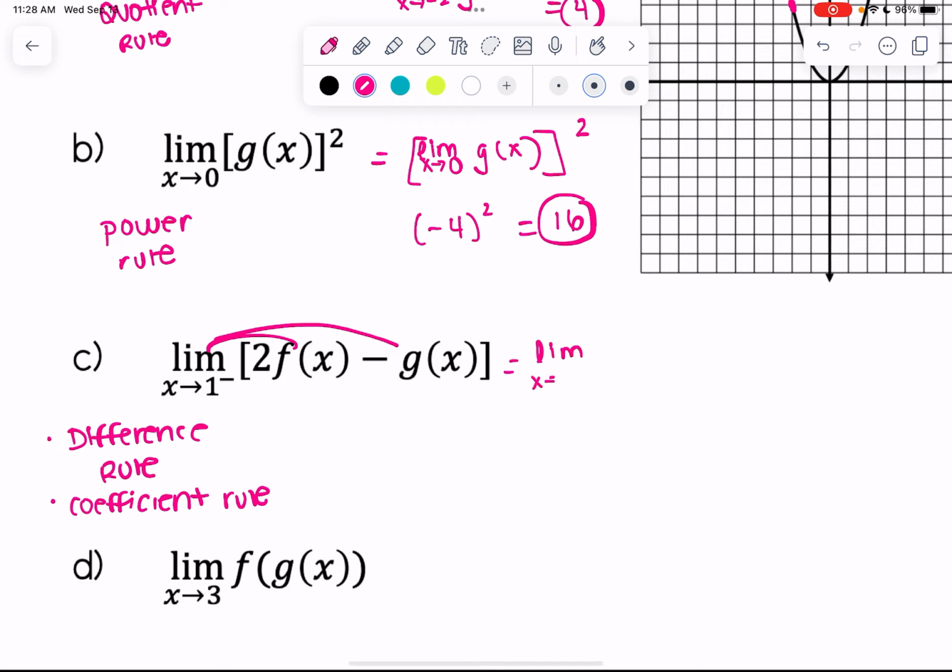So the limit as x approaches 1 from the left of 2 times f of x minus the limit as x approaches 1 from the left of g of x. Now I'm going to deal with the 2 there, and I'm going to pull that out in front.